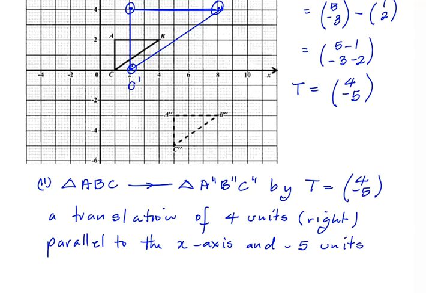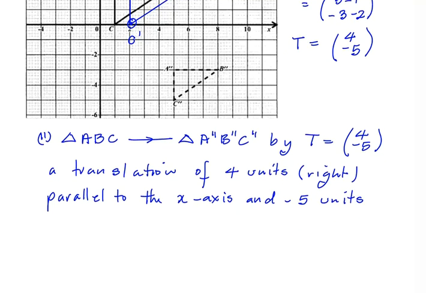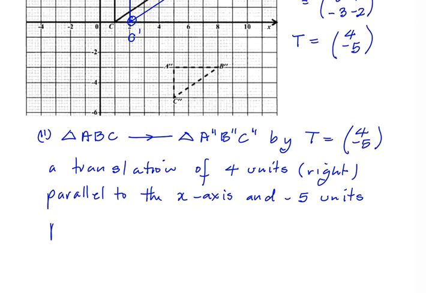So minus 5 is vertically downwards, parallel to the y-axis.